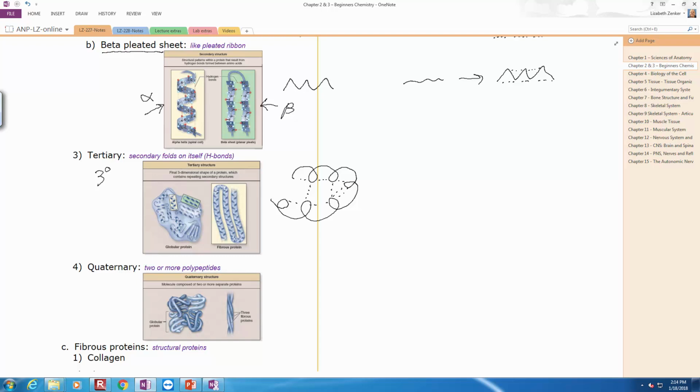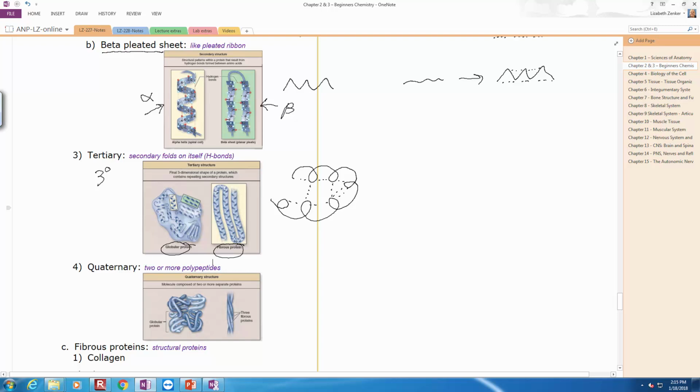And in tertiary, you could have a globular protein or a fibrous protein that I'm going to talk about in a second. So if we look at quaternary, once you have a tertiary structure, this is one polypeptide or one protein essentially. So when it says quaternary, it means two or more polypeptides. So it means two or more tertiary structures are bonding together.